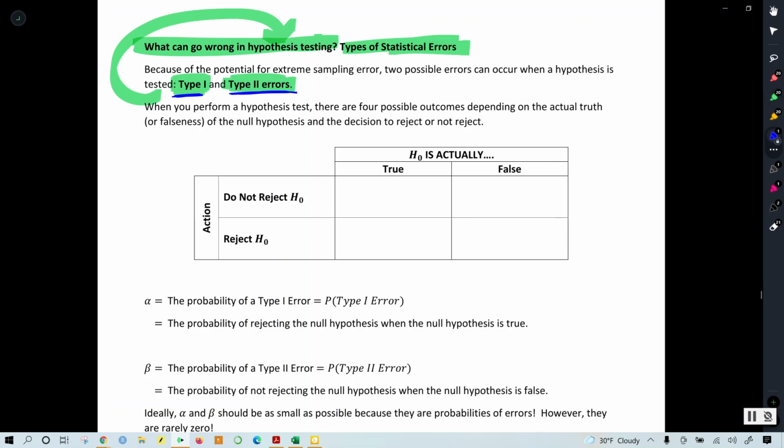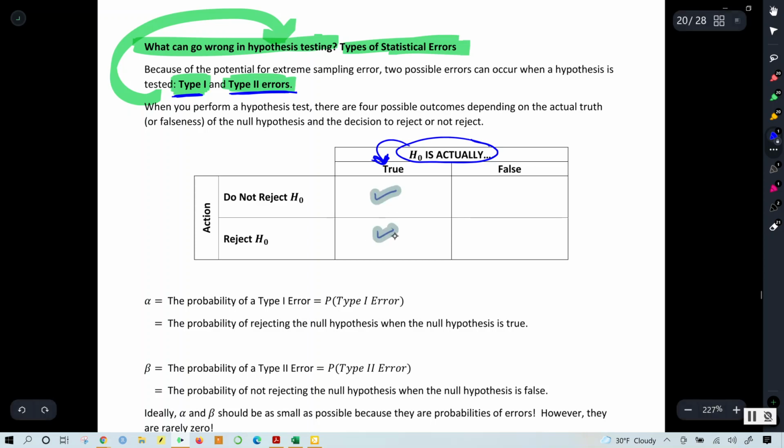Maybe before we do, we probably should identify what would be correct decisions in the context of hypothesis testing. You see, when the null hypothesis is actually true, do we want to reject it or not reject it? I would argue that if the null hypothesis is true, we should not reject it.